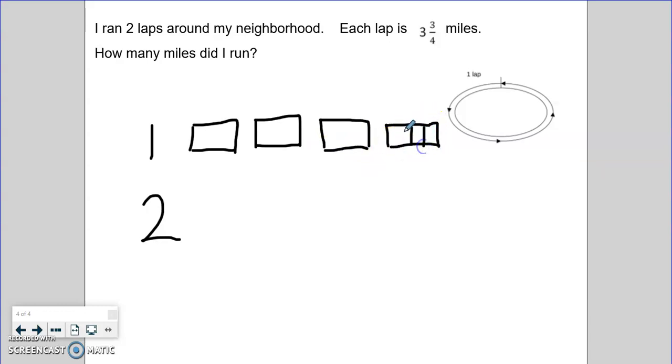Divide it into pieces. Go 1/4, 2/4. No, we'll just go 1/4 and 1/4.